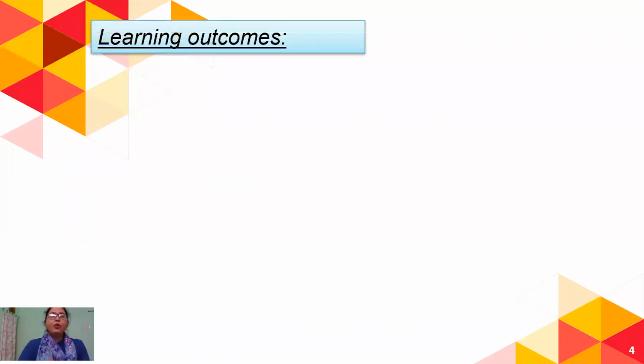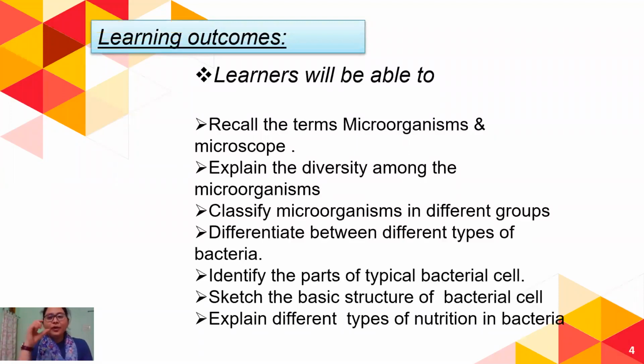Children, by the end of this session, we all will be able to recall the terms microorganisms and microscope. We will be able to explain the diversity among the microorganisms, classify microorganisms in different groups, differentiate between different types of bacteria, and identify the basic parts of a typical bacterial cell.